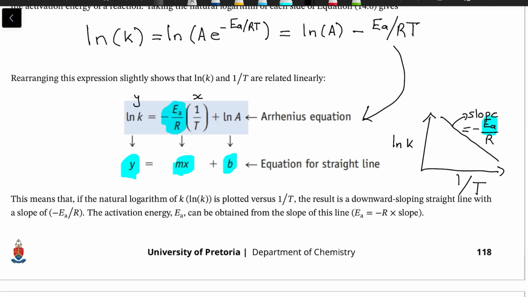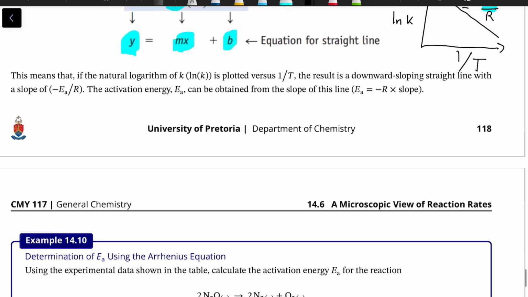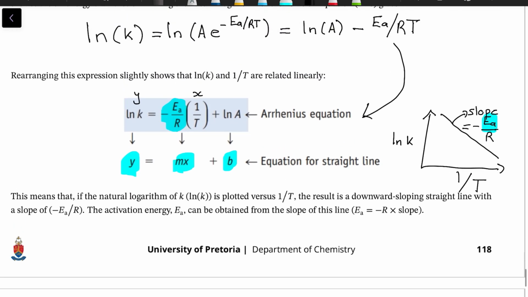You can determine the activation energy from the slope from that graph. Okay, so we'll look at an example of that specifically in class. And yeah, that's basically the usefulness of the Arrhenius equation.